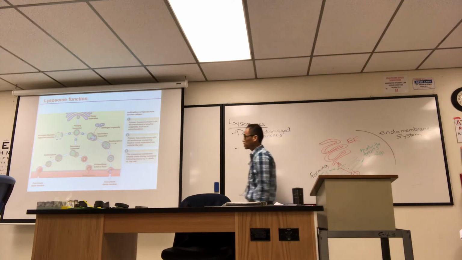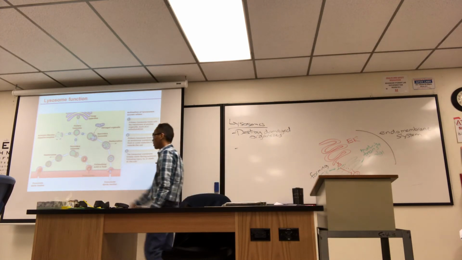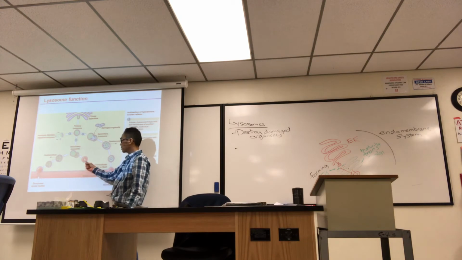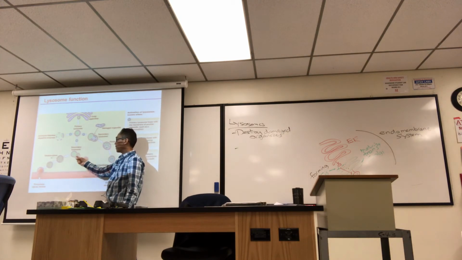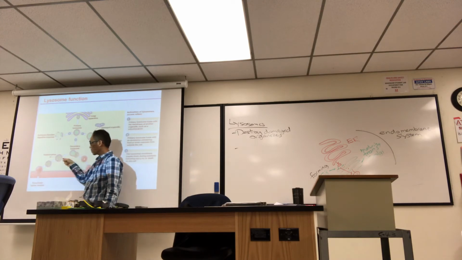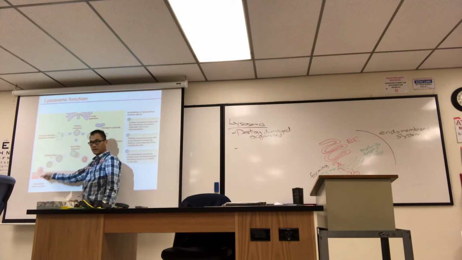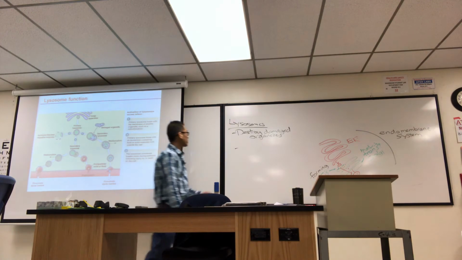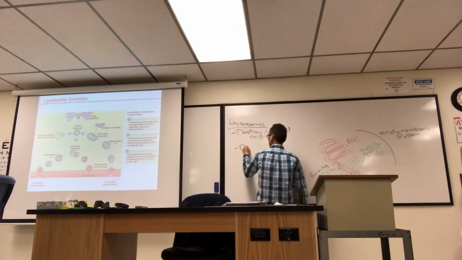That's one function. Another function is, this one here, we would take in some piece of garbage, and then a lysosome is merged with that vesicle for breaking it down and getting rid of it.